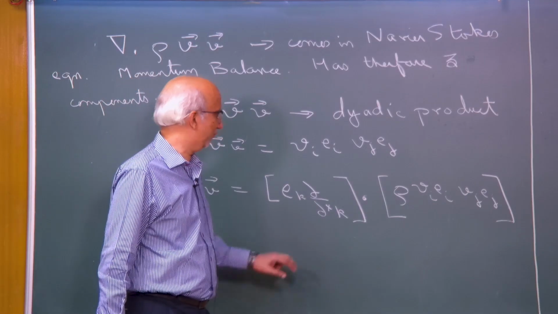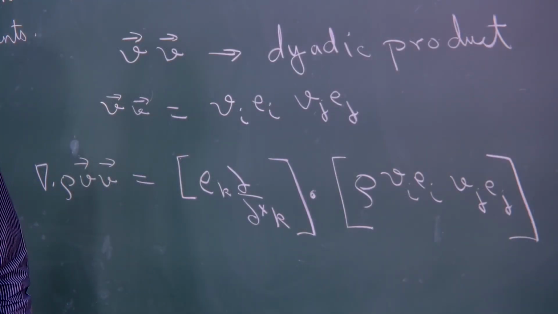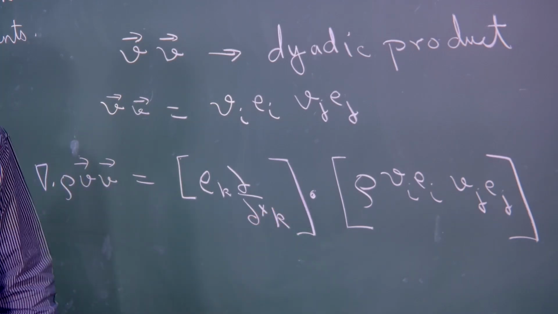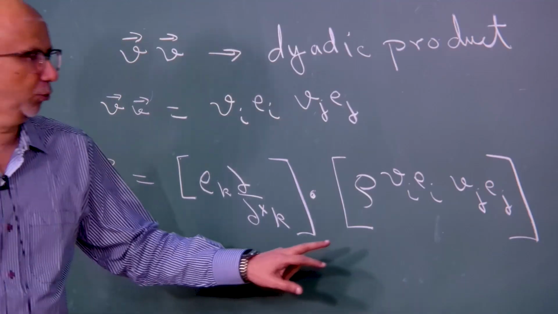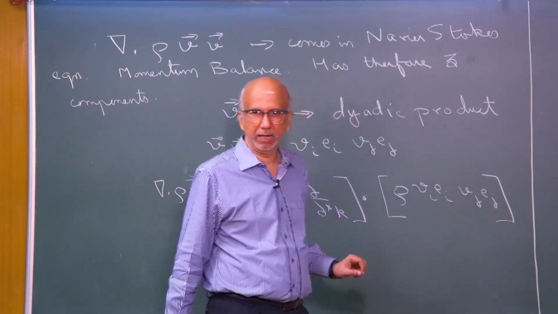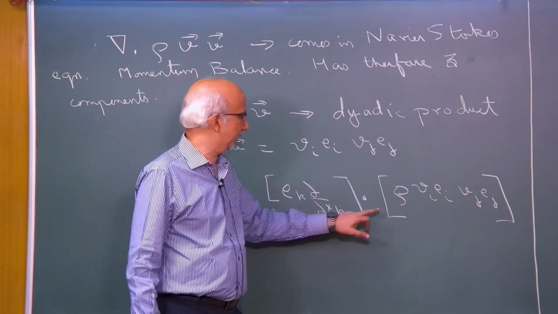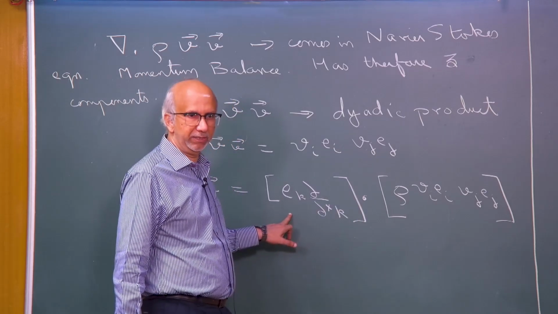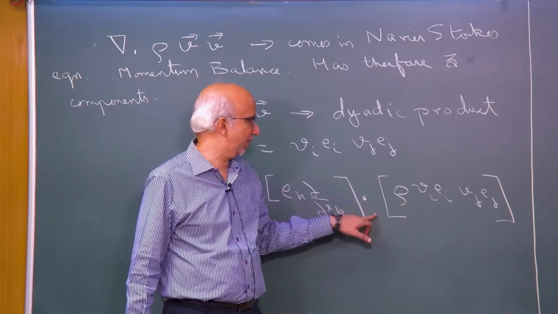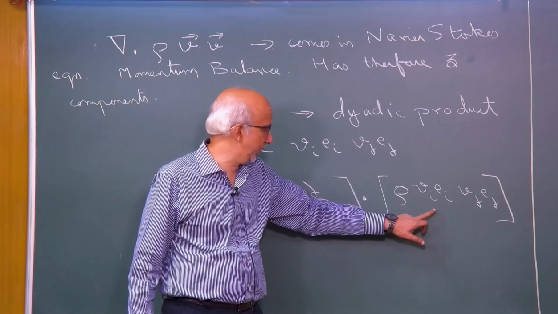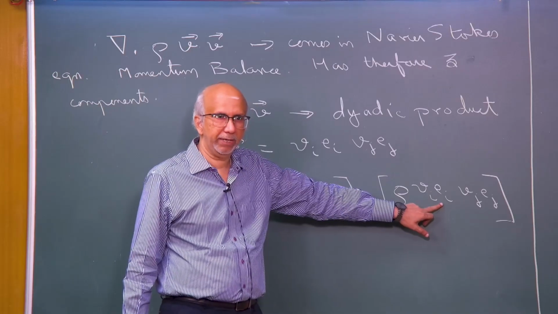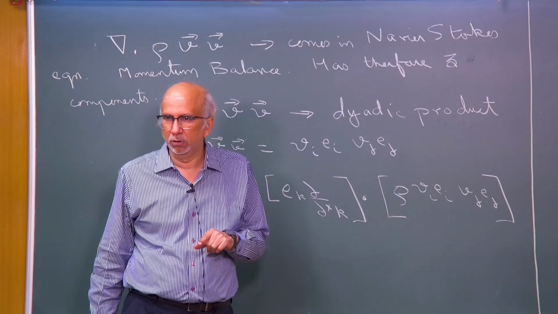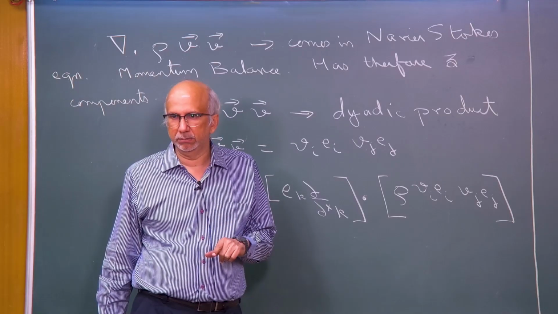I should have been more careful, but anyway, I will be consistent today. So, now when it comes to the dot product, and you have two unit vectors here, Ei and Ej, what you have to do is take the dot product of the term on the left, where there is only one unit vector Ek, with the one adjacent to the dot, which happens to be Ei, okay. So, Ek dot Ei will be non-zero only if k equals i, okay.